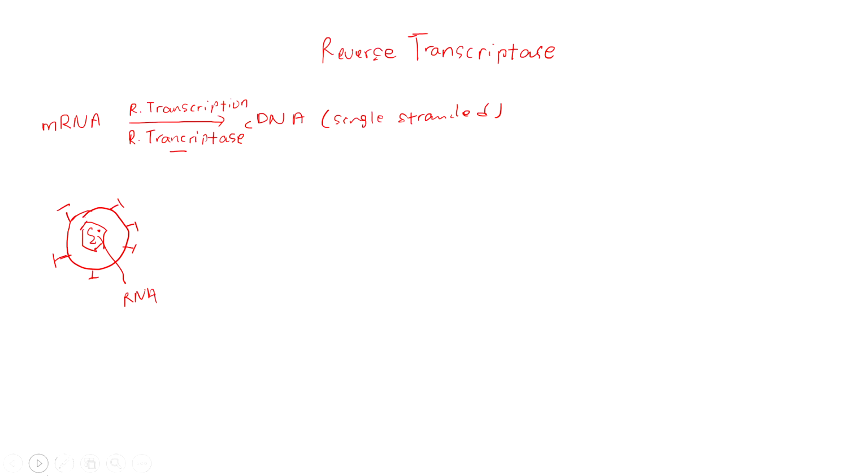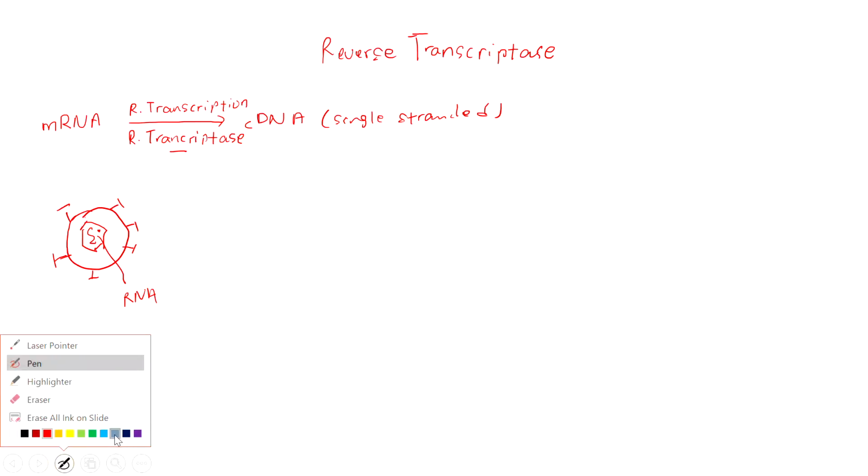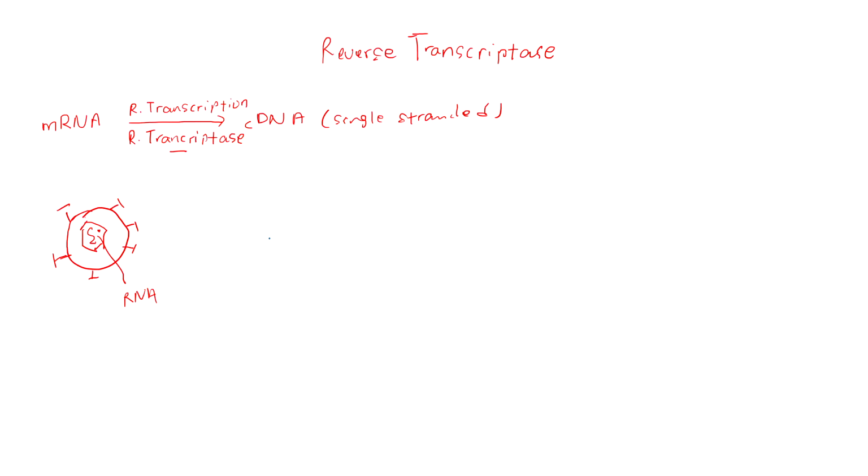Let's look into the process of reverse transcription. This is one of the methods where scientists can extract the mRNA out from cells and then convert it into cDNA and then incorporate it or do gene cloning. The process always starts with mRNA extraction.